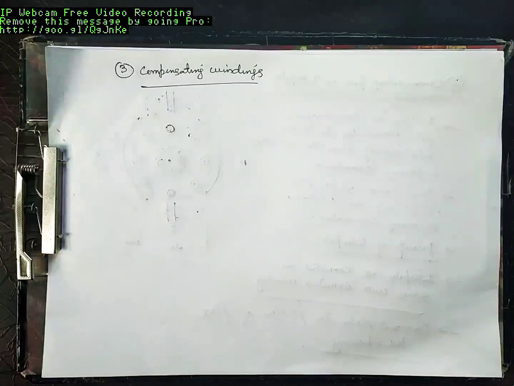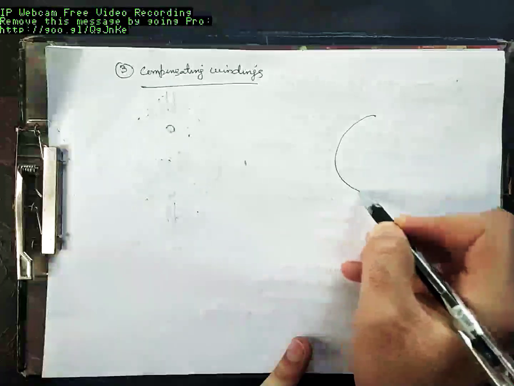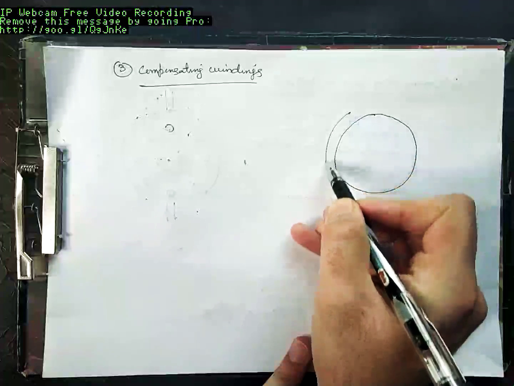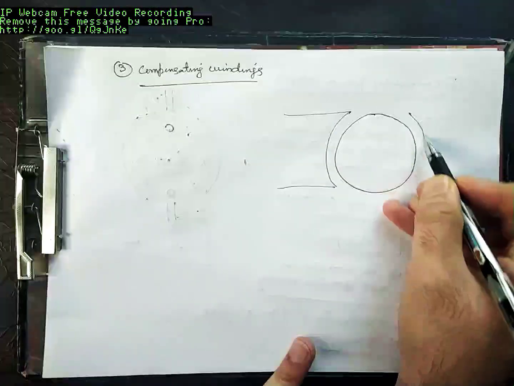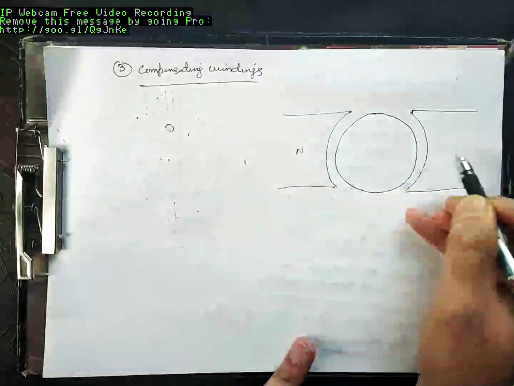Look at what we do in compensating windings. You have a rotor structure and we have main field poles. So this is the north pole, this is the south pole.